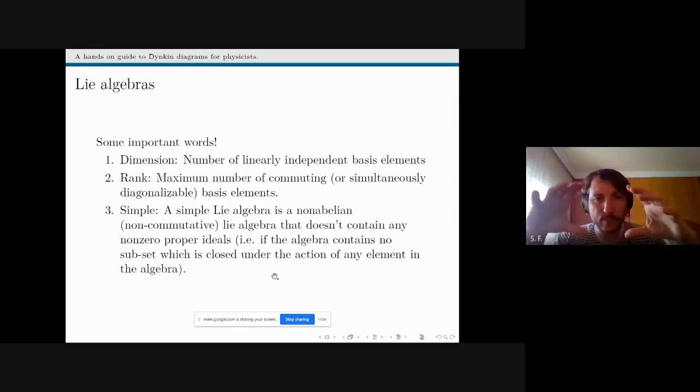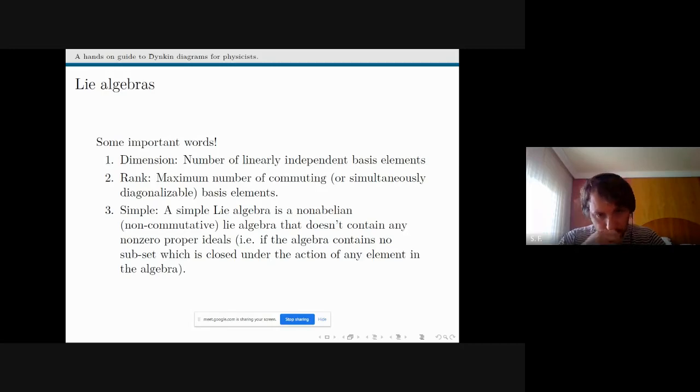What an ideal is: if you have some algebra and some subset in that algebra is closed underneath all the operations of all the other elements of the algebra, then you call that a proper ideal.